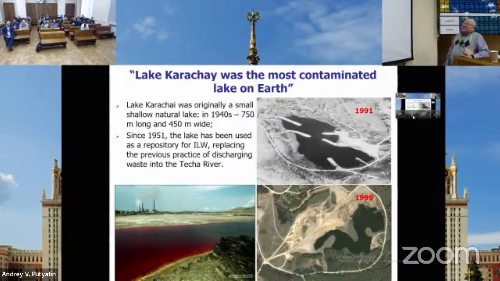Okay, this is Lake Karachay. Lake Karachay was known as the most contaminated lake on Earth. It is located on the site of Mayak, inside the industrial site, and therefore there was no access to this lake, and a lot of radioactive materials were discharged there.